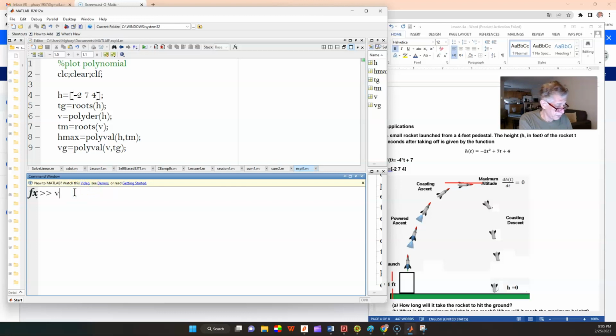So vg is equal to -9 and 9. Of course, the negative value is rejected. So we'll say that when the rocket hits the ground, it will hit at a velocity equal to 9 feet per second.